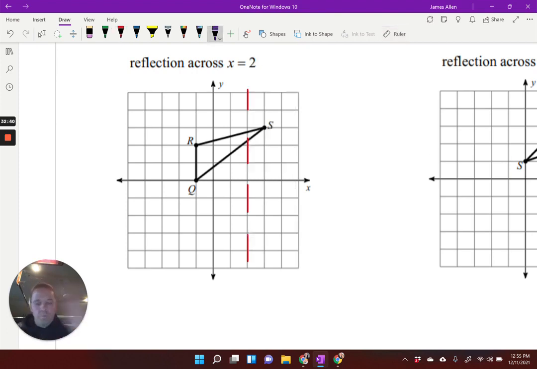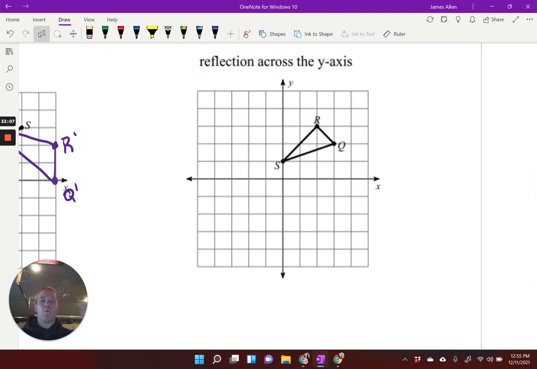So if I were to place these points, R would be right over here, so that's R prime. S would reflect over to here, so that's S prime. And Q would be 3 away, so Q would be right here, Q prime. It's an O. There we go. Connect all my dots. That was very squiggly. That's better. And there it is, reflected across X equals 2.